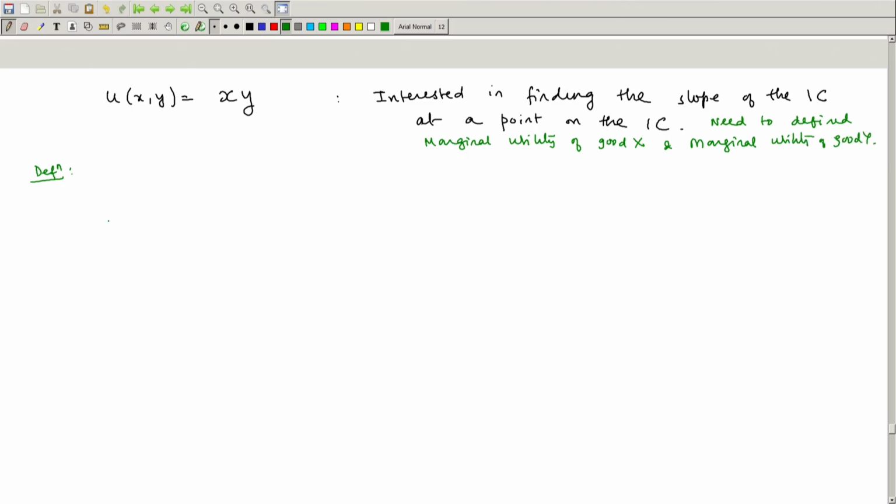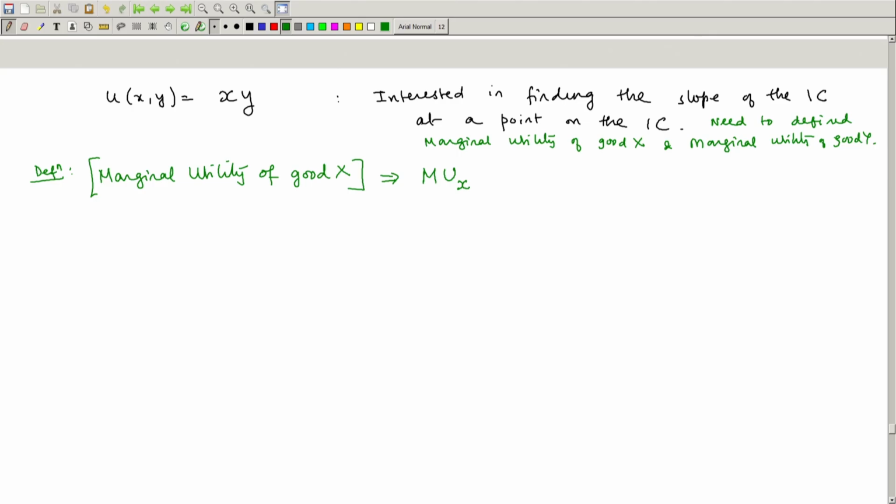Let us start with the marginal utility of good x. I am going to represent this as MU, for marginal utility, with a subscript small x to denote that it is the quantity of x that I am changing. Recall, good x could be food and small x denotes the quantity of good x.